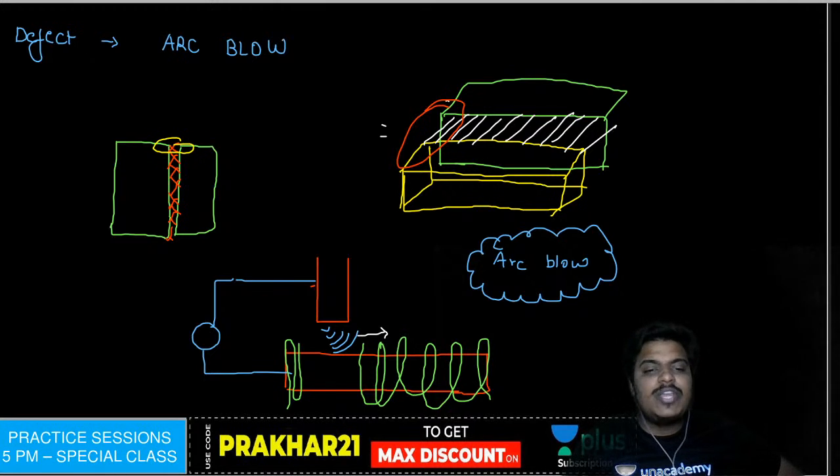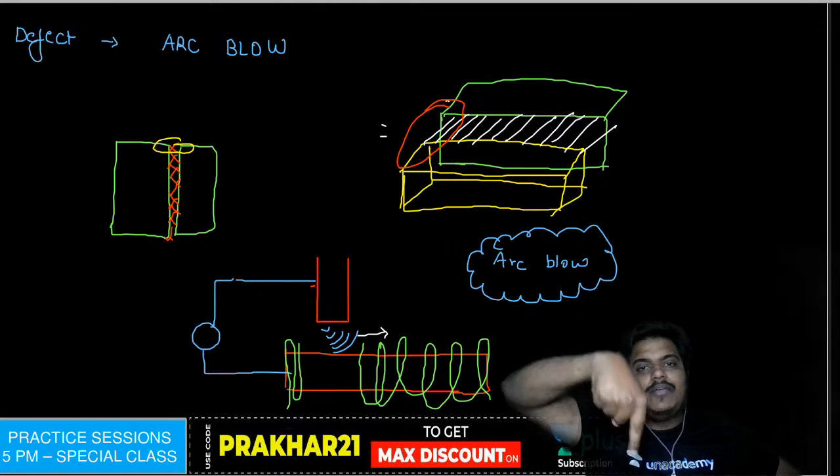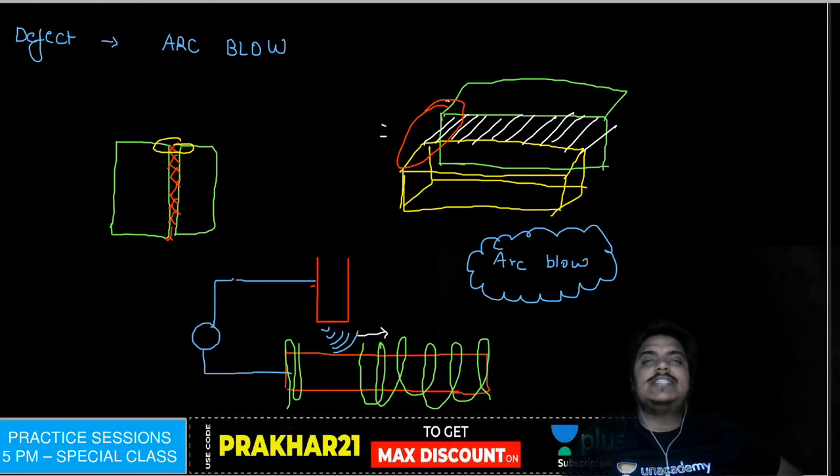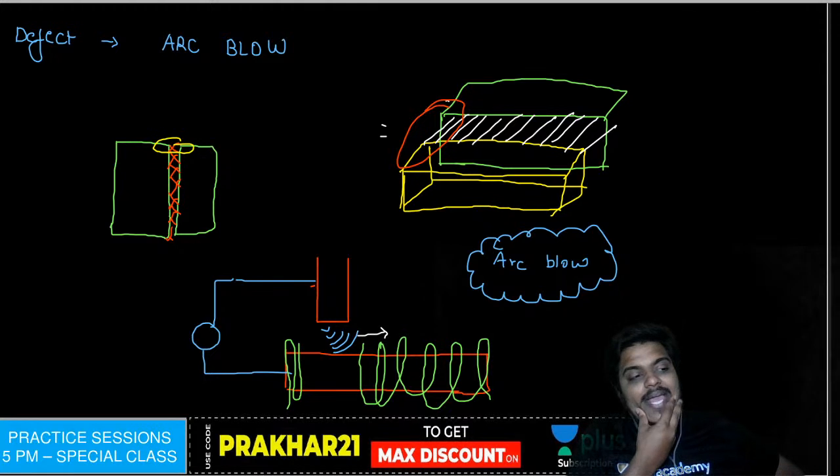Now, deflection of the arc from its mean path is known as arc blow.